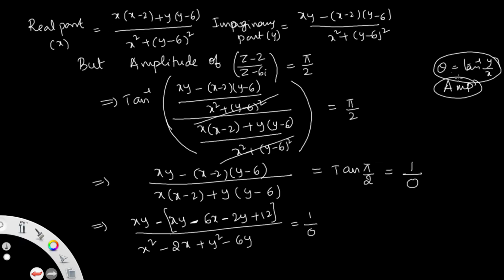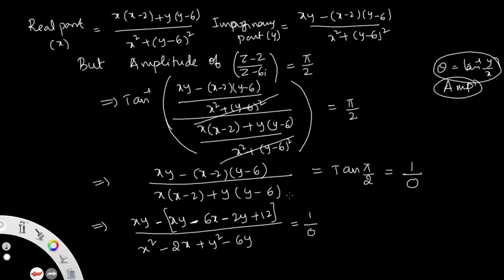When the denominator is cancelled, you get the numerator xy minus x minus 2 into y minus 6, divided by x into x minus 2 plus y into y minus 6, equal to pi by 2. Now the simplification on the next page.